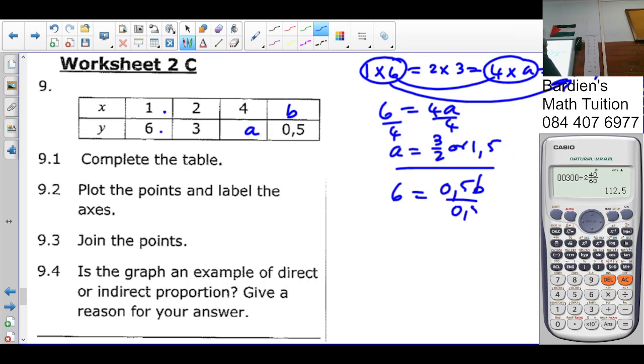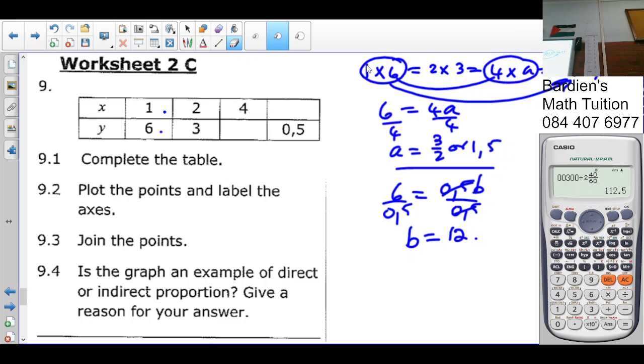Divide by 0,5 both sides. It cancels, so B is equal to, what is 6 divided by 2? 3. So how can B divided by half also be 3? You put it in the calculator, you'll get 12. No problem. So your B is 12, and your A is 1.5.